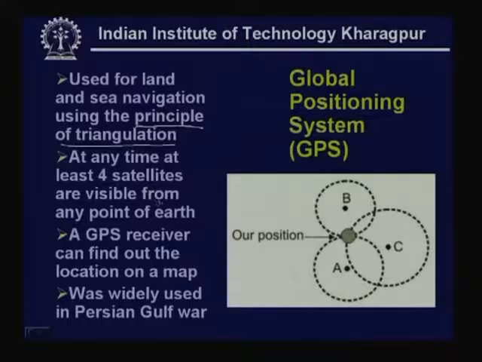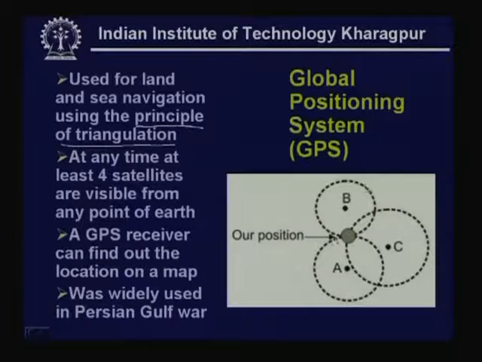And another satellite is used to provide the time. That means, these GPS satellites each have four very accurate clocks based on nuclear material. Those clocks give very accurate time.